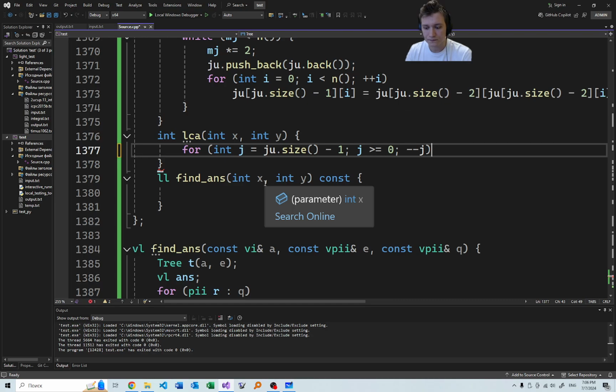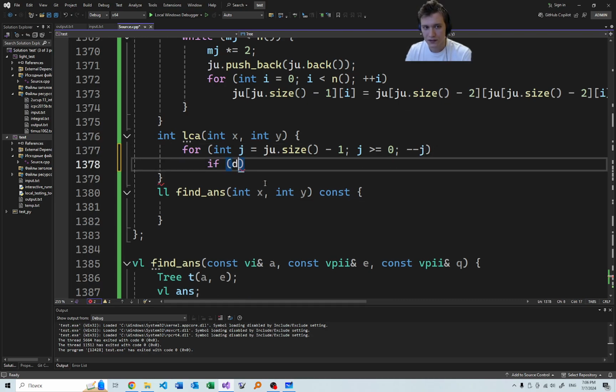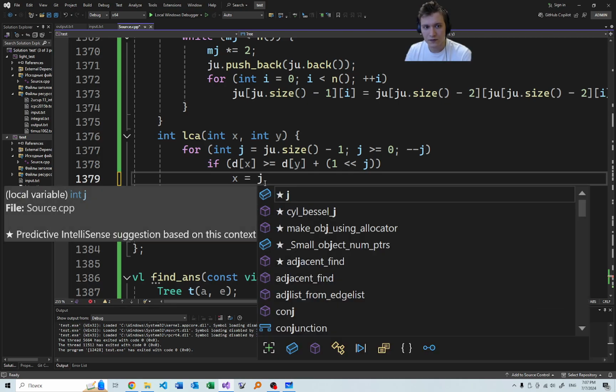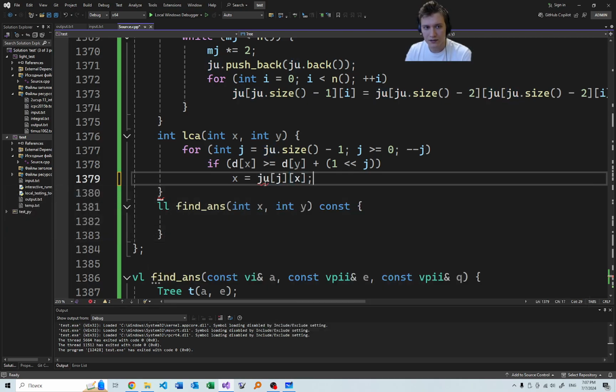Okay, so if depth of x is greater than depth of y, is at least this plus this, and then we say that x is jump[j][x].